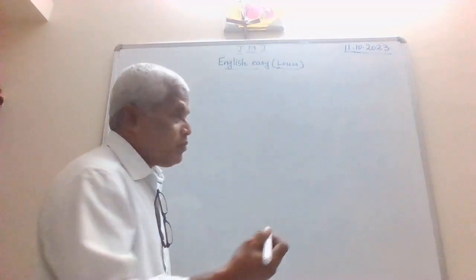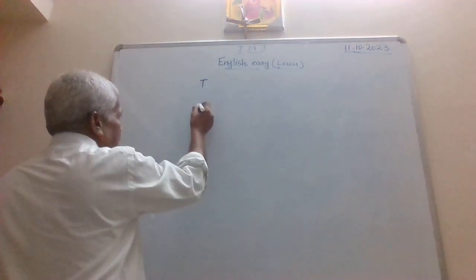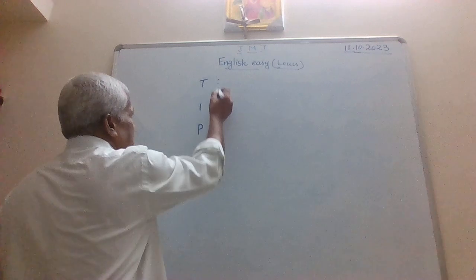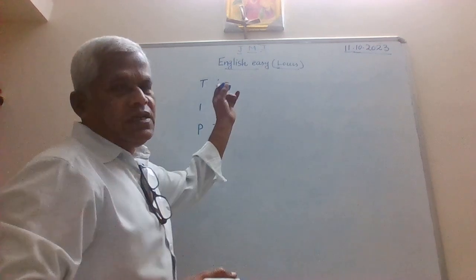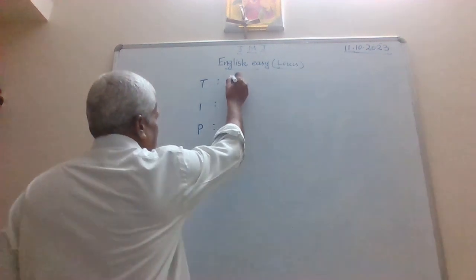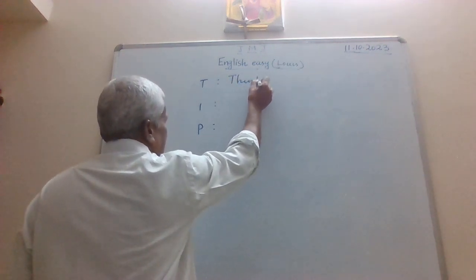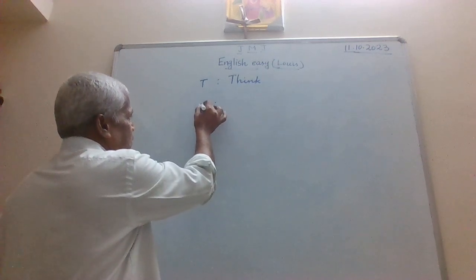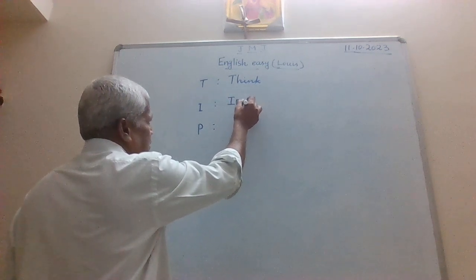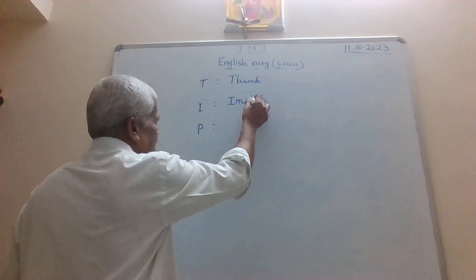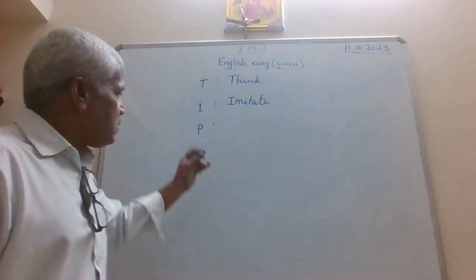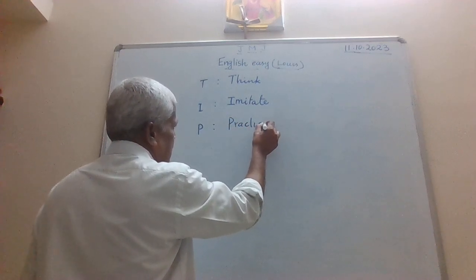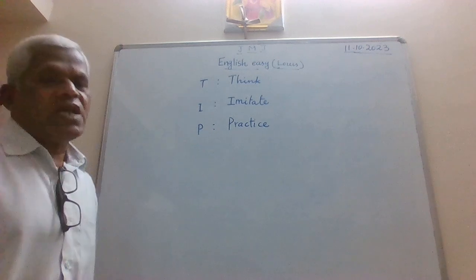I will write the word TIP in this order: T, I and P. T stands for think, I stands for imitate, and P stands for practice.